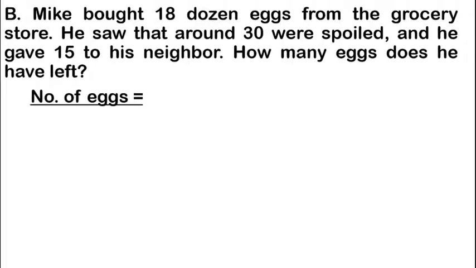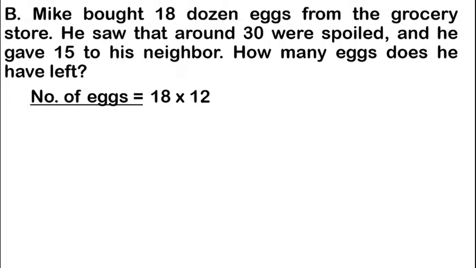So we all know that the number of eggs is 18 dozen. But then we don't know the total number of eggs in 18 dozen. So we know that 1 dozen is equivalent to 12 eggs.